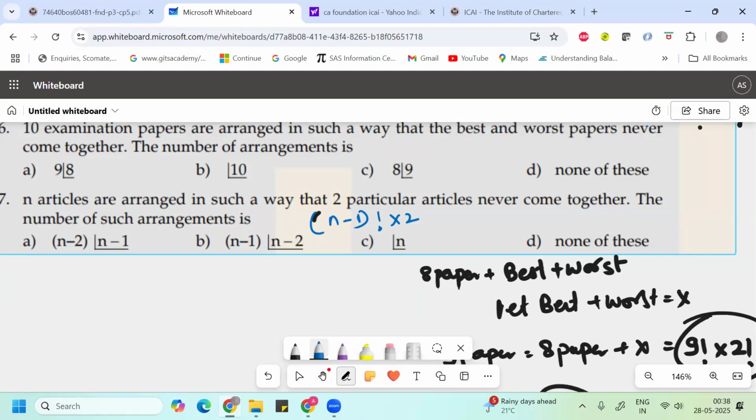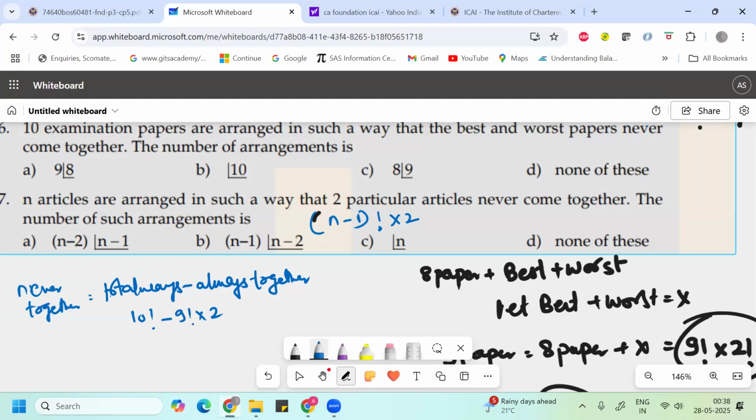Never together means total ways minus always together. Total ways is 10 factorial minus always together, which is 9 factorial into 2.